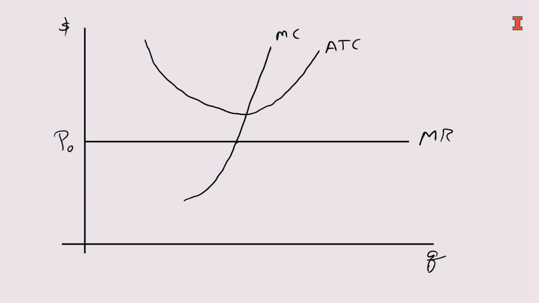The firm in this situation would know that marginal revenue equals marginal cost at the output we'll call Q star, and that firm is losing money because price is less than average cost. So this would be the area of losses, negative profits.